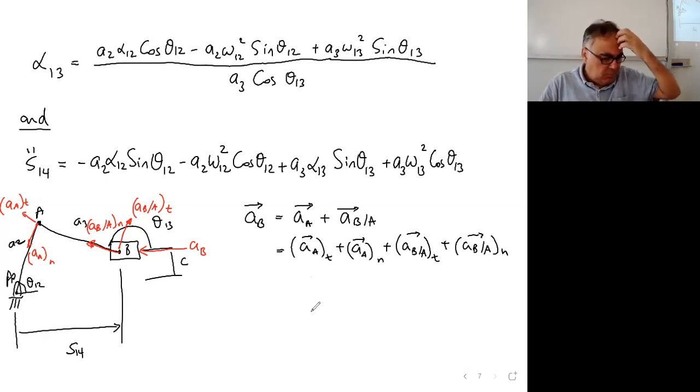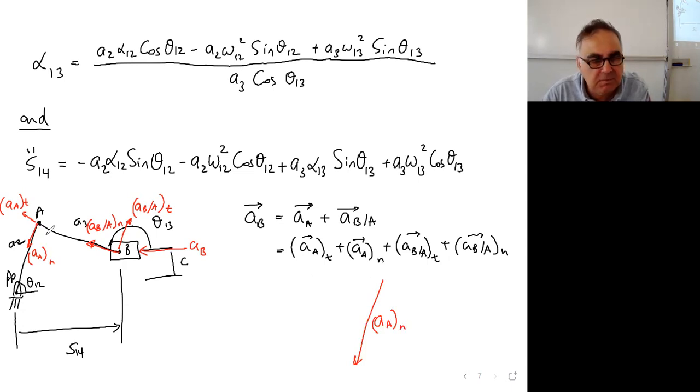Let me try to draw this for you using some vectors. So this is something like AA normal from here. Then we have perpendicular to that some AA tangential.